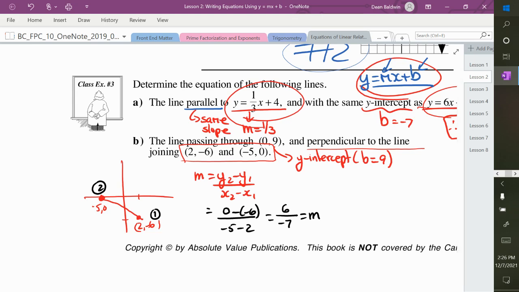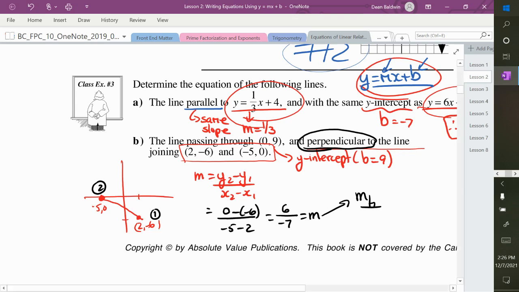Does our line have the same slope? No, because it is perpendicular. Do you remember this symbol that I gave you last week? The m with the little mark at a right angle? That's perpendicular. How do you find the slope of a perpendicular line? Flip and put a negative in front of it.